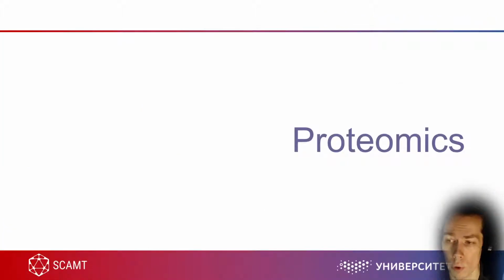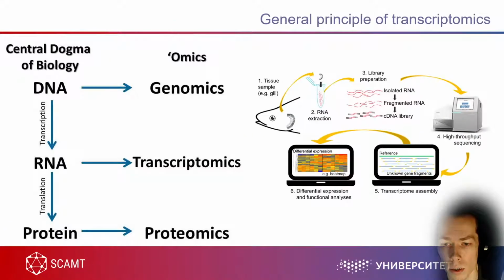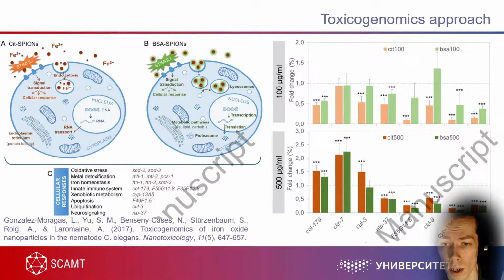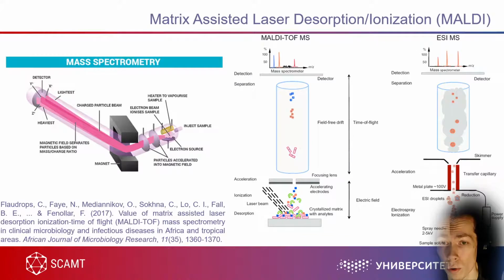The second approach, as we see from the central dogma, is proteomics. So what is proteomics? It's the analysis of a whole proteome of the particle or the cell.